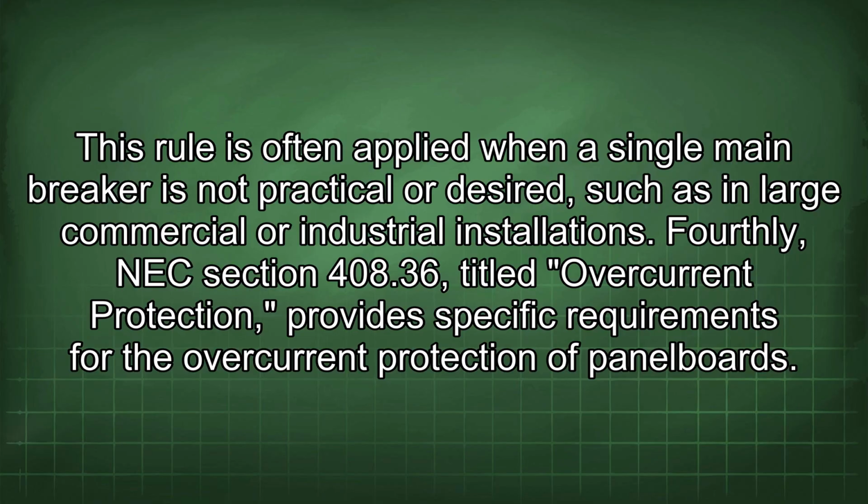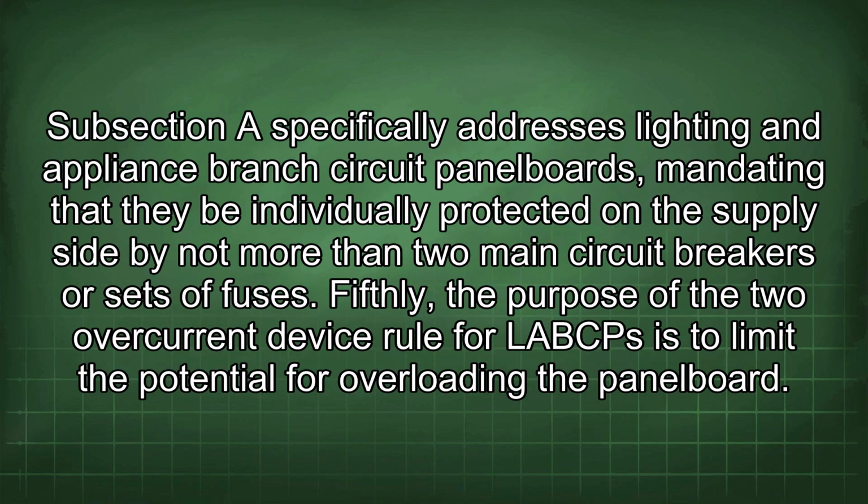Fourthly, NEC section 408.36, titled Overcurrent Protection, provides specific requirements for the overcurrent protection of panel boards. Subsection A specifically addresses lighting and appliance branch circuit panel boards, mandating that they be individually protected on the supply side by not more than 2 main circuit breakers or sets of fuses.